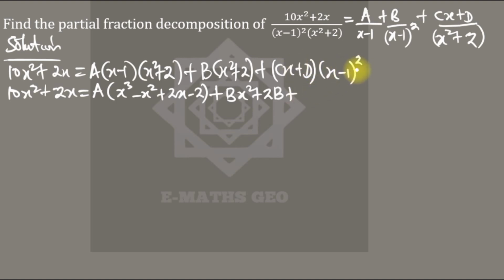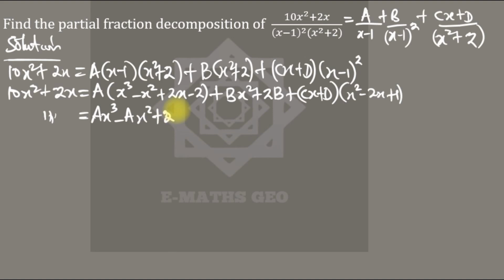And this is x squared minus 2x plus 1. So we continue: Ax cubed minus Ax squared plus 2Ax minus 2A.